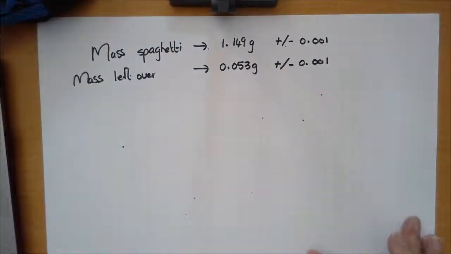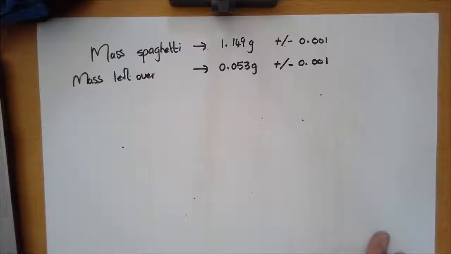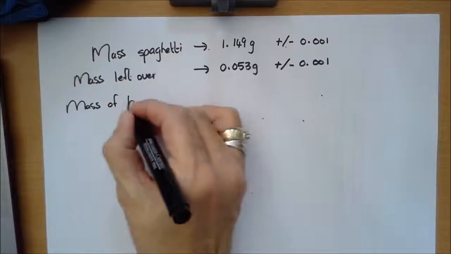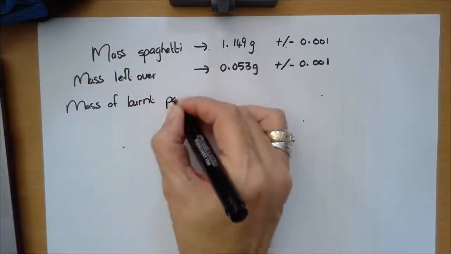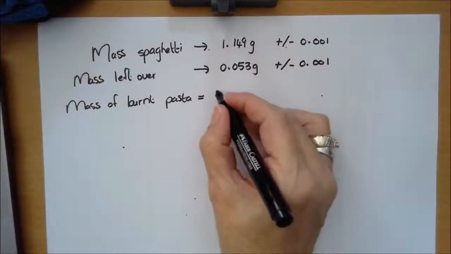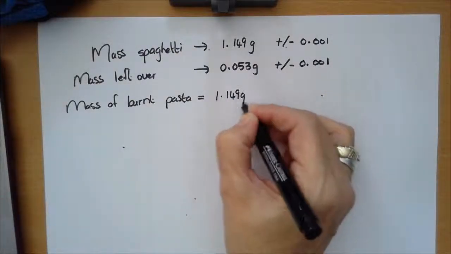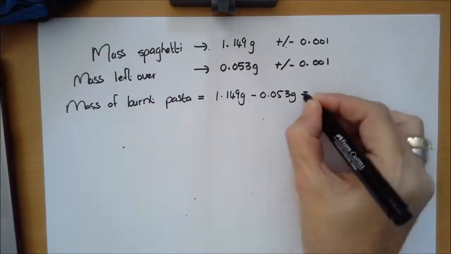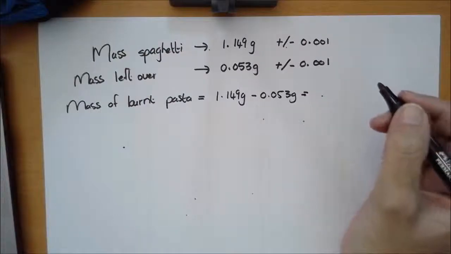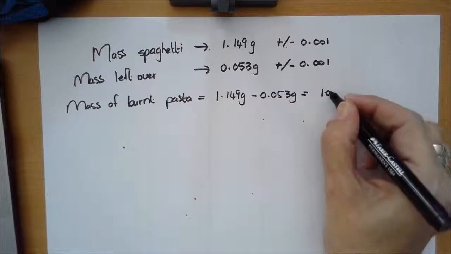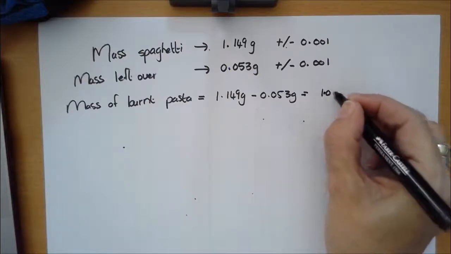And just like we did with determining the mass of the water, I have to determine the mass of the burnt pasta. I will do that by taking my 1.149 grams and subtracting 0.053 grams from that, which gives me a mass of 1.096.